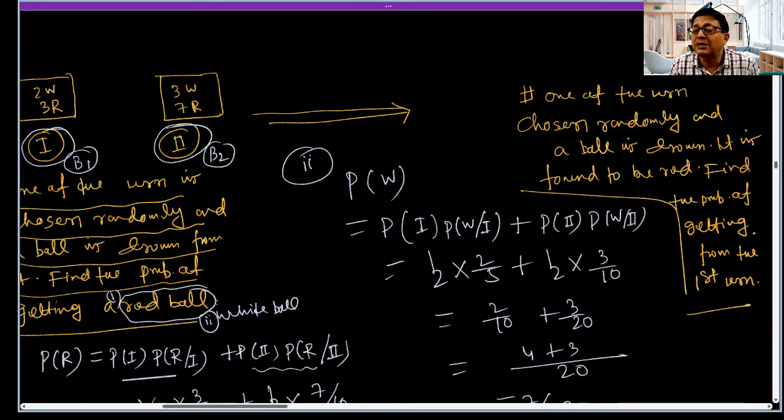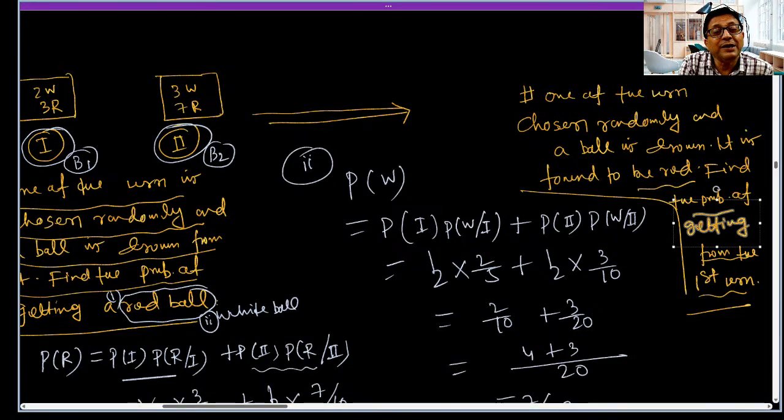See, the statement is changed. What are we going to find? One of the urns chosen randomly, it is found to be red. Whenever a problem says found to be red, given to be red, happen to be red, all these things, you will proceed in this manner. So, find the probability of getting it from the first urn. What? A red ball from the first urn.